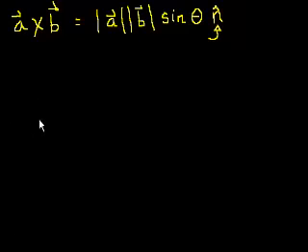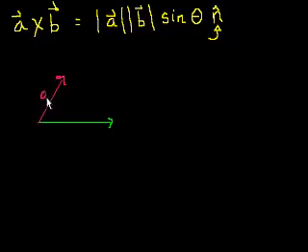So let's say that this is vector B. I don't have to draw straight lines, but it doesn't hurt to. Okay, here we go. Let's say that that is vector A. And we want to take the cross product of them.